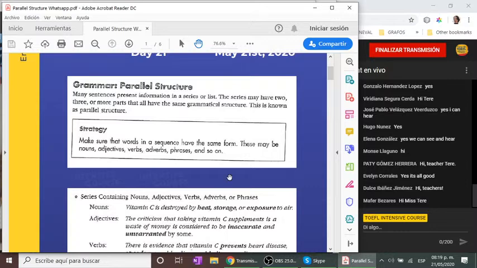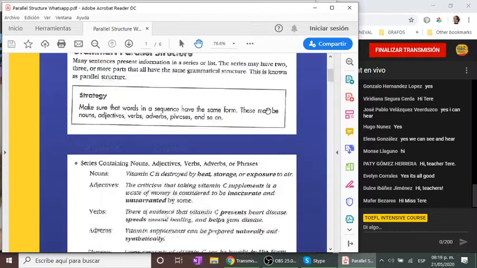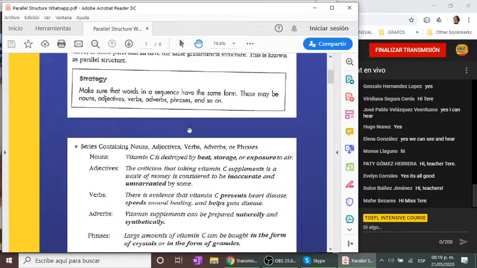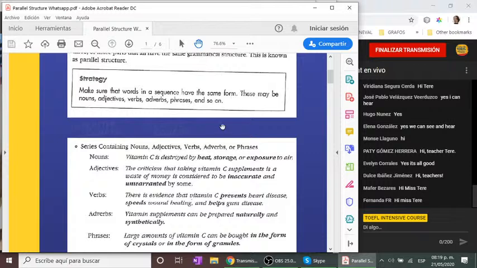En el examen, chicos, lo que nos van a hacer es que nos van a revolver tipos de palabras. Nos van a poner, por ejemplo, she's beautiful, she's smart, beautiful, and careful. Is this correct or incorrect? This is correct.